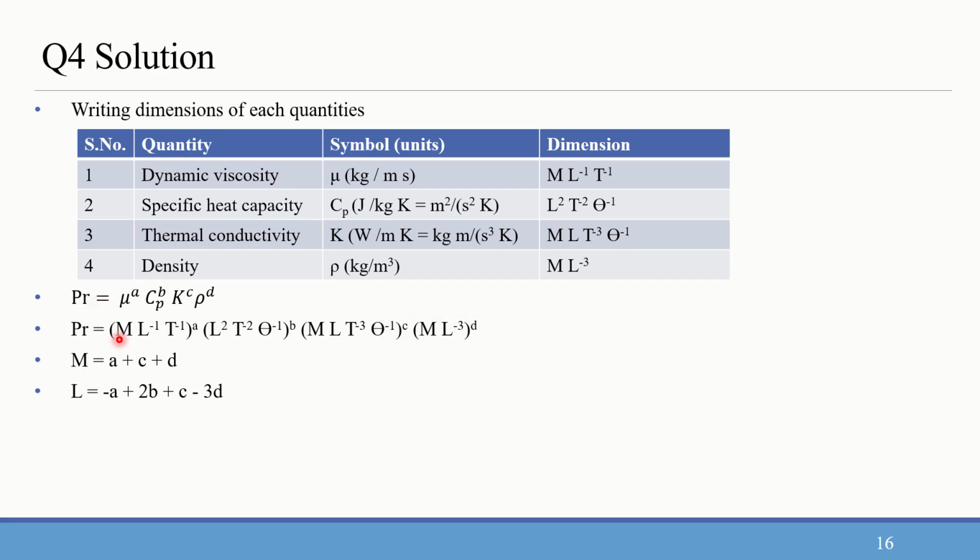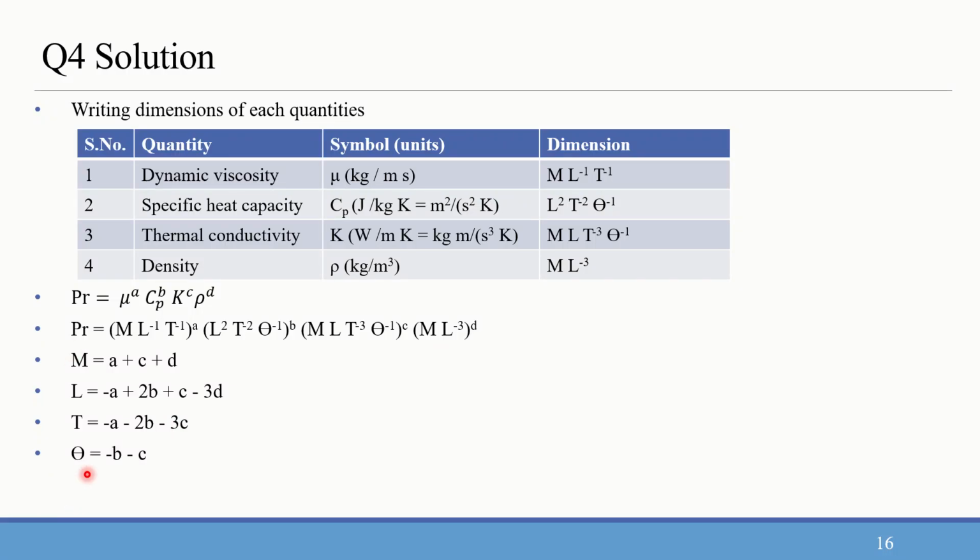For T, we have minus a minus 2b minus 3c. And finally for theta, that is for Kelvin, we got minus b minus c. So these are all the terms corresponding to the particular dimensions.